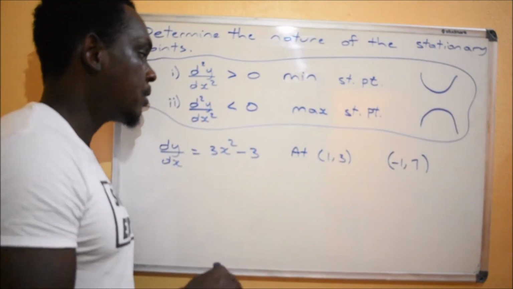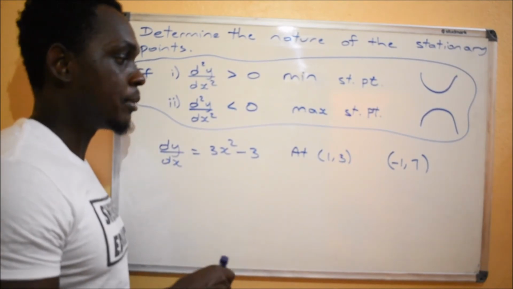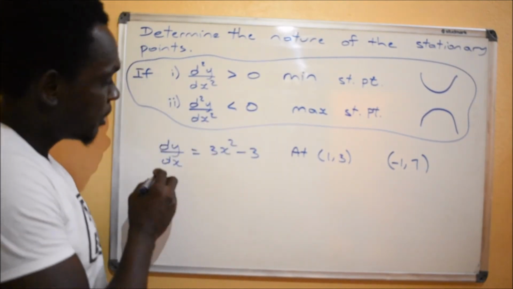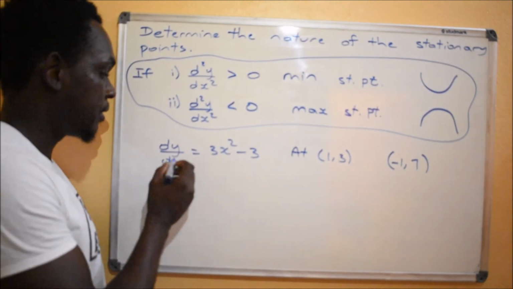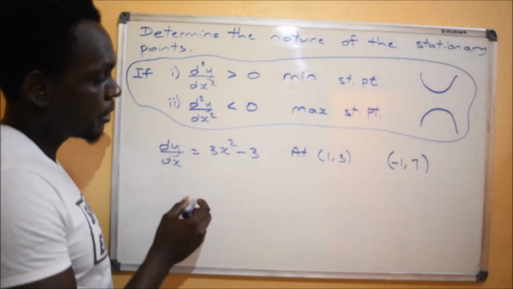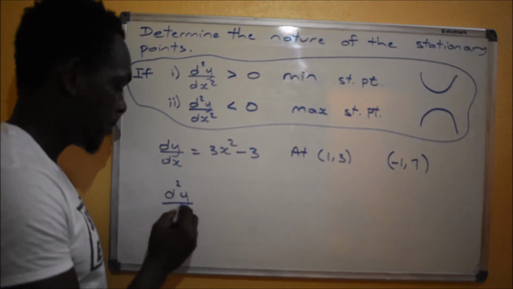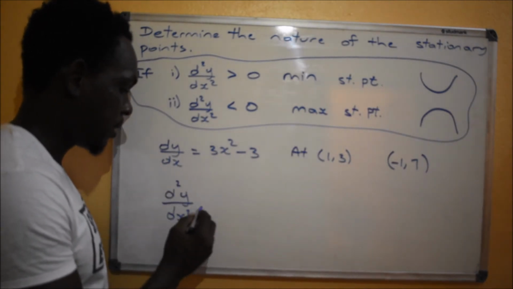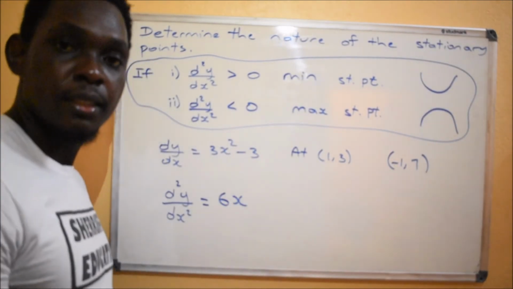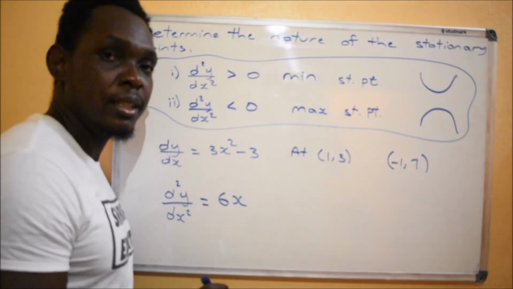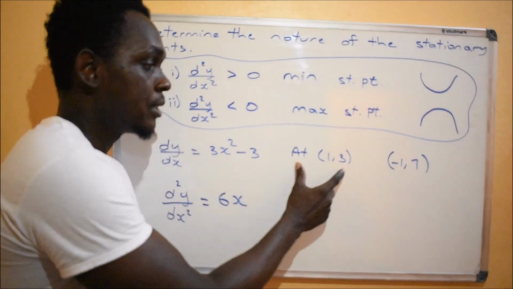Alright, so to determine the nature of the stationary point, we need to find the second derivative. Our first derivative from the previous question is 3x squared minus 3. So our second derivative, d squared y over dx squared, is simply 6x. Now we determine if this is greater than 0 or less than 0 at our stationary points.